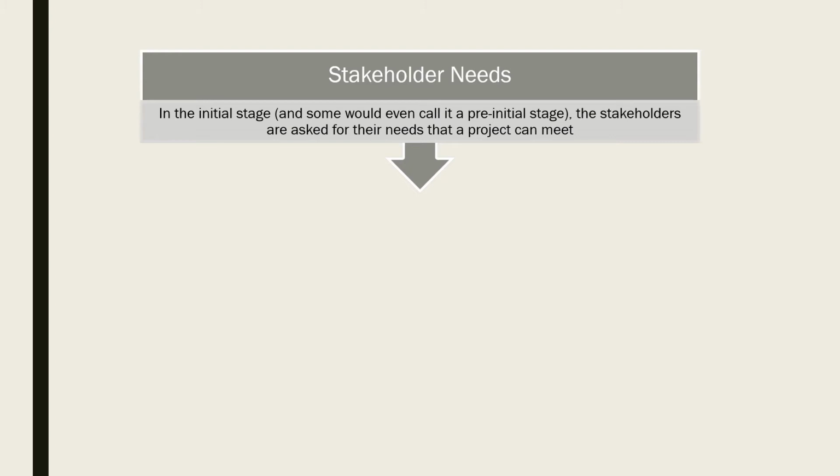So Twitter kind of understood this requirement from the stakeholders, that we need a platform where people don't really have to type in large blobs of text. All they need to do is type in 140 characters and give a status of what is going on, and share it with the world. It's pretty helpful, especially for the celebrities, the governments, the organizations, right? So that is a certain requirement that Twitter kind of understood, that this is one of the needs of the stakeholders, and this can be a need that a project can meet.